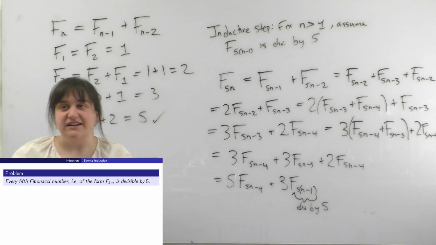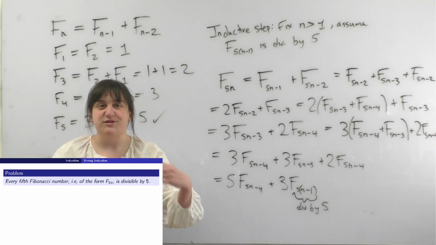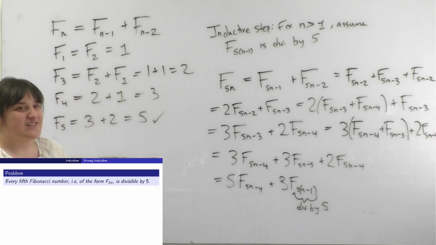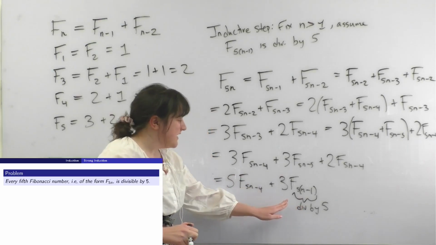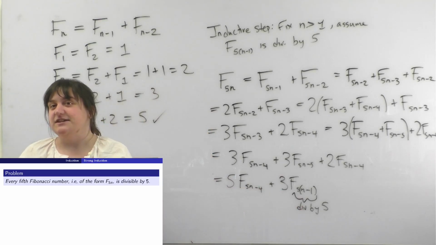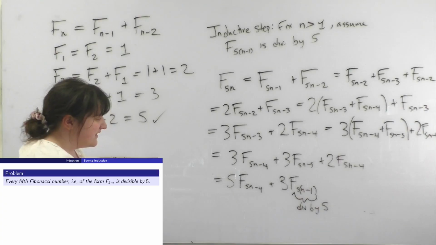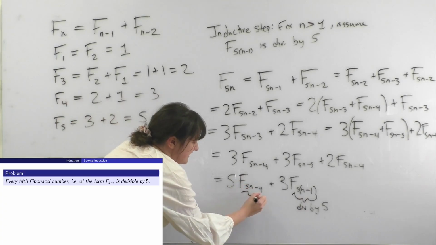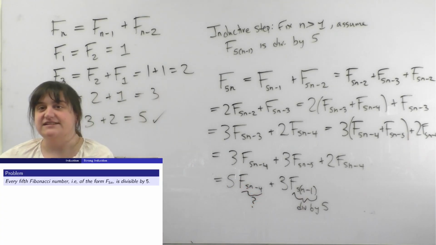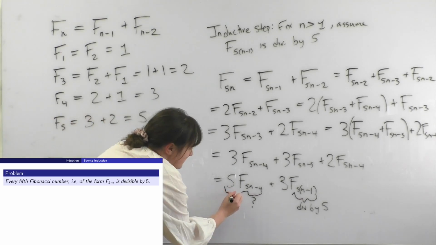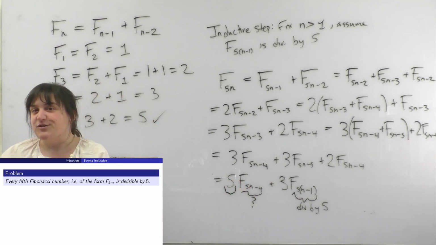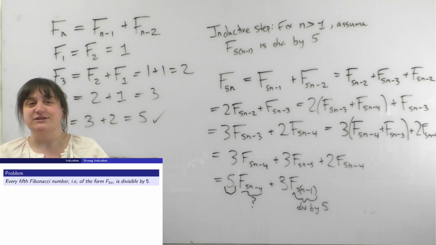Let's remember back to when we were racking up those 31 QEDs in the number theory section. If I've got something that's divisible by 5 and I multiply it by something else, that's still a number that's divisible by 5. I don't have any inductive hypothesis that says anything about f5n minus 4, but magically, my coefficient here is a 5, which is divisible by 5.